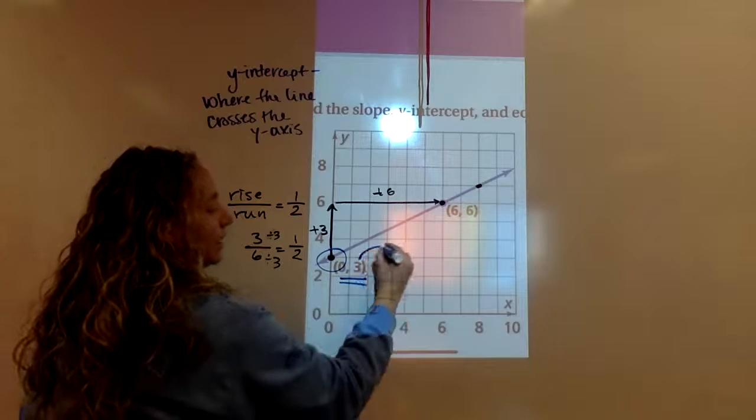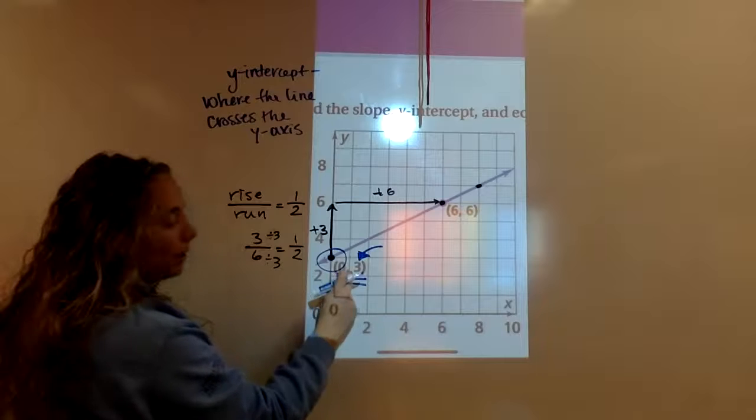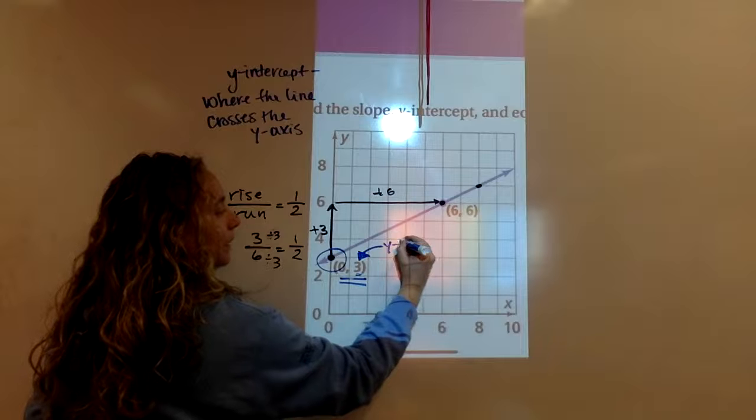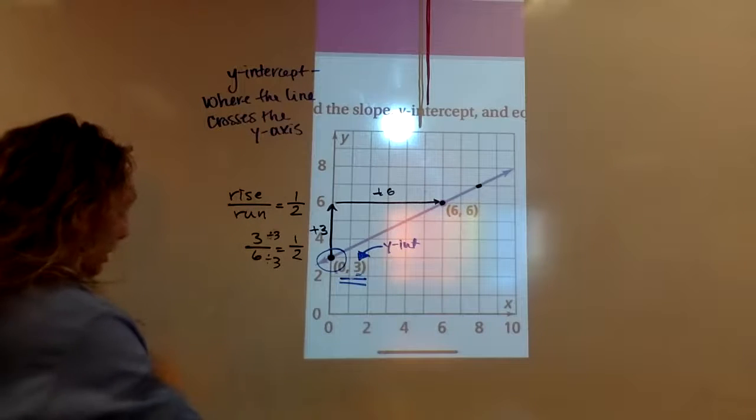And we take the information right here, this 3 part, the y-intercept or the y value in there, and we can label that our y-intercept. So a couple of things.